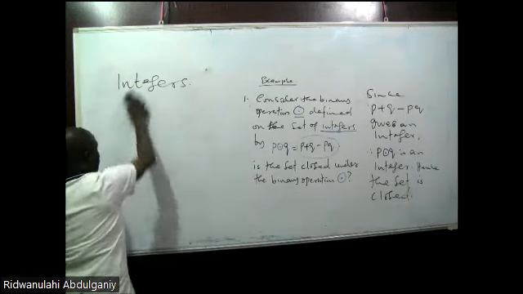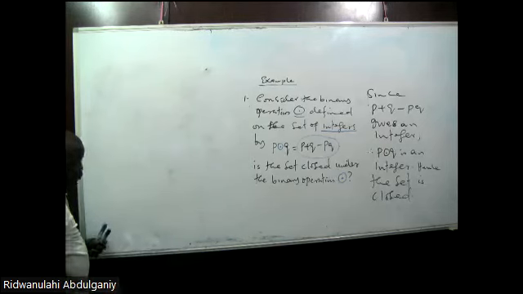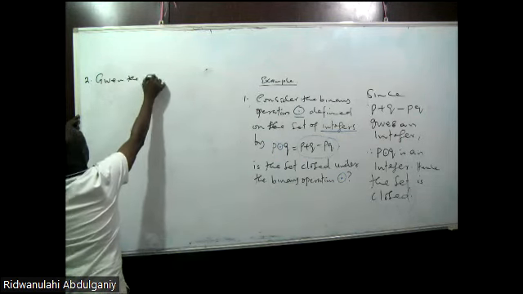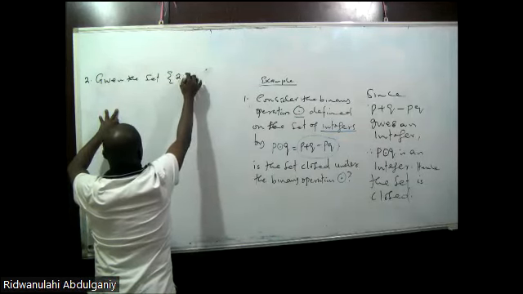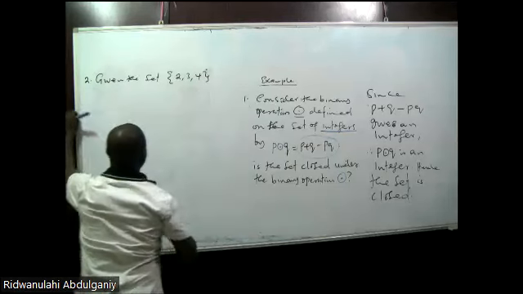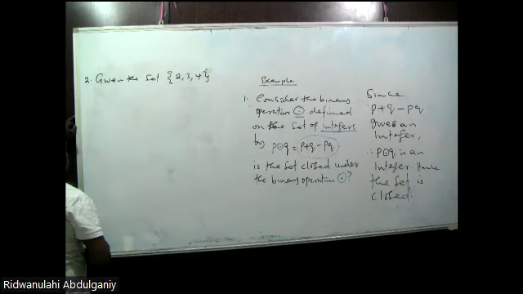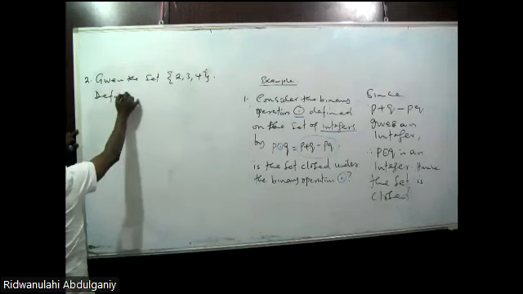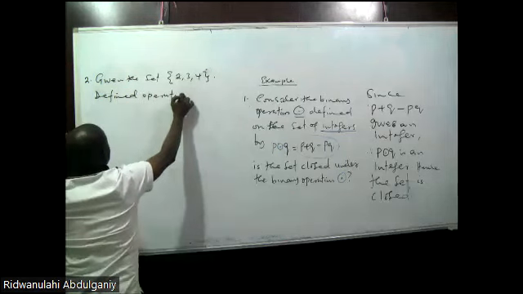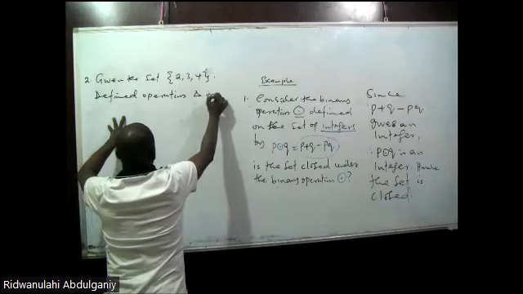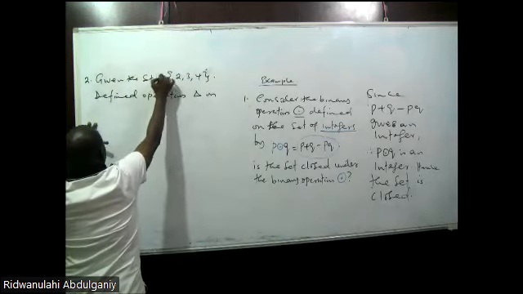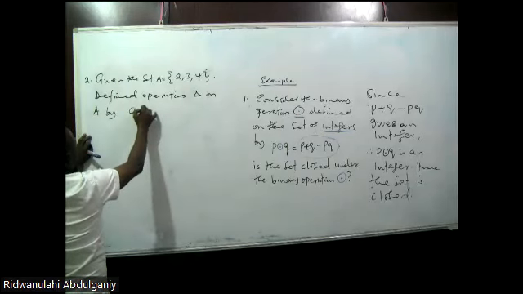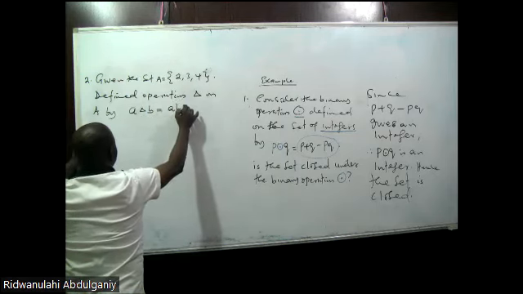Question 2. Given the set A equals 2, 3, 4, define the operation triangle by A operation B equals AB mod 5.